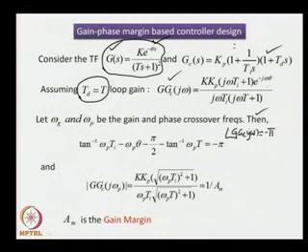Now, this loop gain can be used, and we can find the angles from the loop gain as tan inverse of omega p Ti, given by this term, minus omega p theta, given by the delay term, minus pi by 2, given by the pole at the origin, minus tan inverse of omega p T, given by the pole j omega T plus 1, which is equal to minus pi.